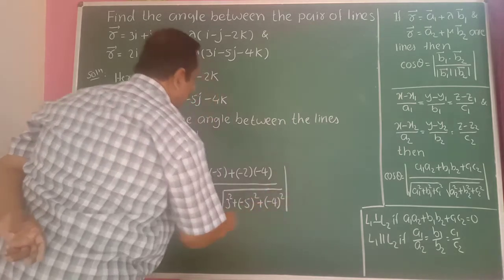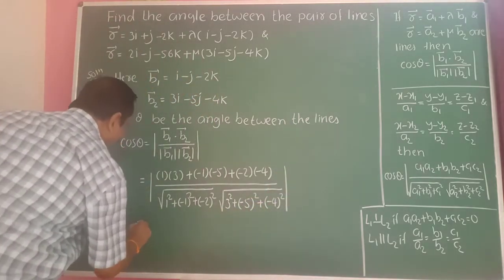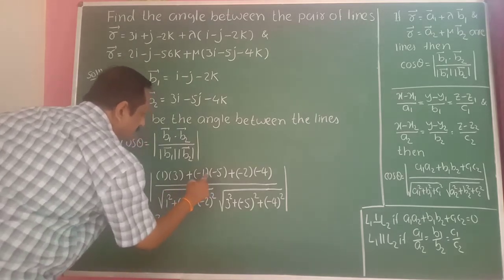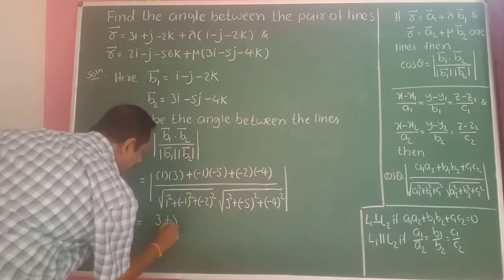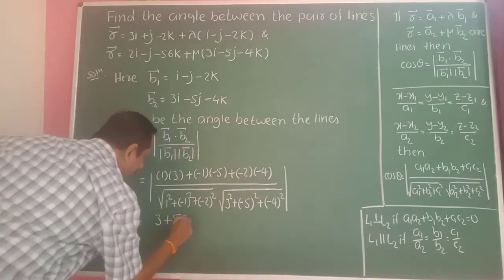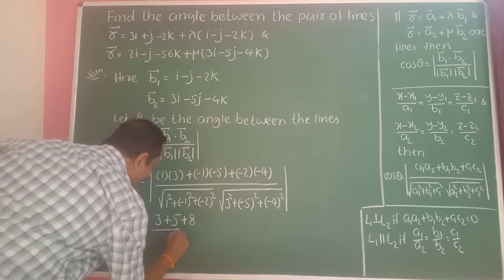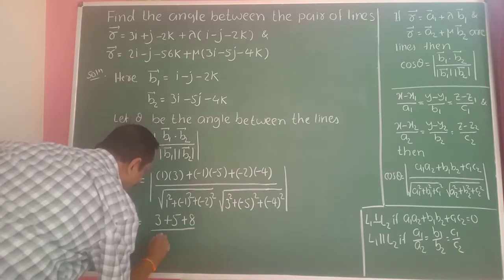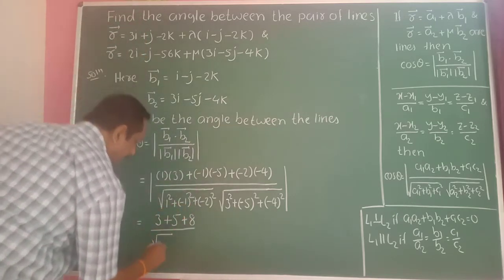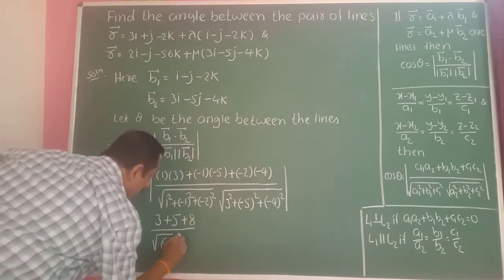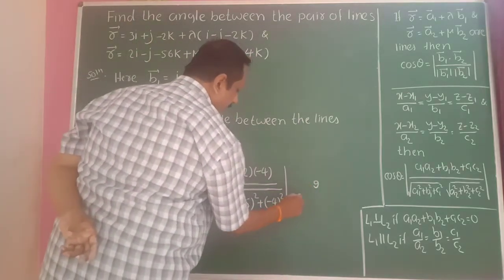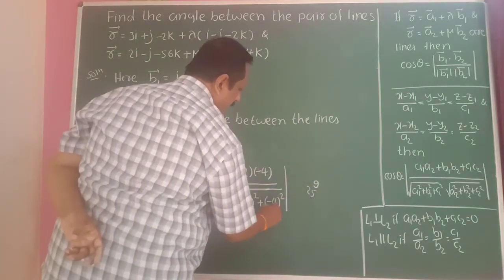Okay. Then this is equal to 3 ones are 3, 5 ones are 5, minus into minus plus 5, and minus into minus plus 4 twos are 8 here, divided by root of 4 plus 1, 5, plus 1, 6, root of 3 squares are 9, 5 squares are 25, and 4 squares are 16.